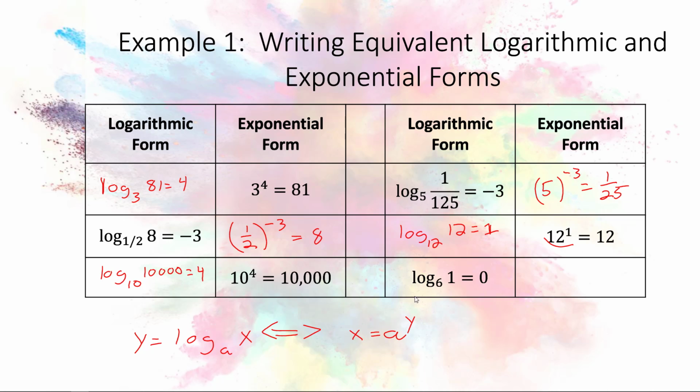And then finally here we have log base 6 of 1 is equal to 0. And what does that tell us? Well, once again, our base is 6. We need to raise 6 to the 0th power in order to get a 1. And there you go. That's how you fill that stuff out.